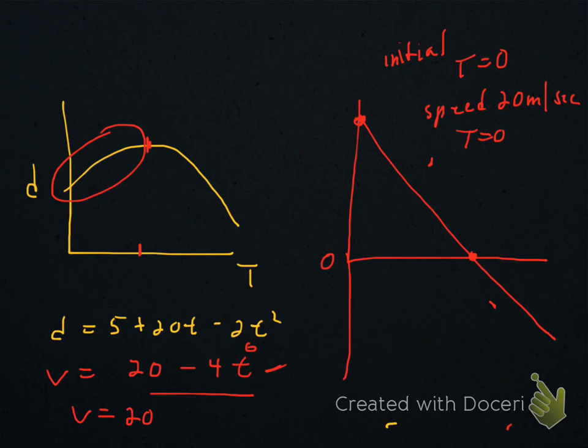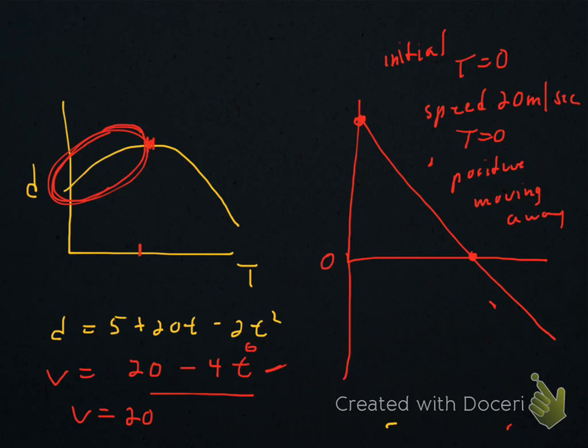When you have a positive speed, that tells you that you're moving away from something. That makes sense because if we take a look at our graph over here, the bird is traveling away from the ground, going further and further away until our stationary point.